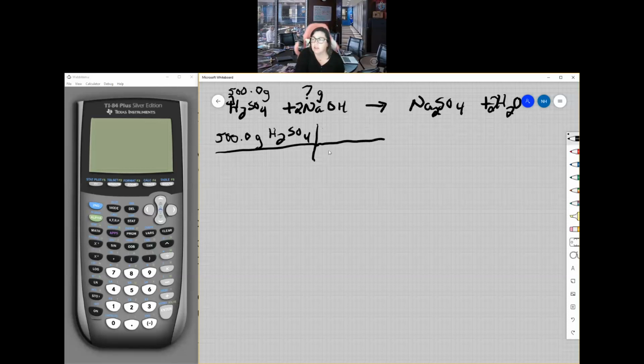Now, I can do that as a separate calculation, but it's going to be 2 times 1.01 grams per mole, 4 times 16.00 grams per mole, plus the sulfur. And again, sulfur being number 16 is 32.07 grams per mole.